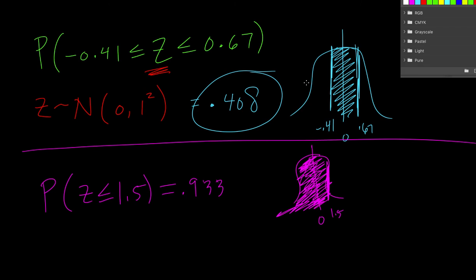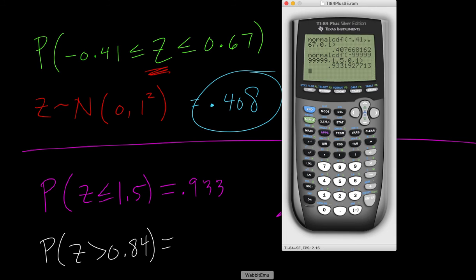All right, one more. P of z is greater than 0.84. We're going to do the same thing. So second, catalog, hit the N button, go to CDF, normal CDF. Okay, lower bound is 0.84. Upper bound is infinity, so we do a bunch of 9s.